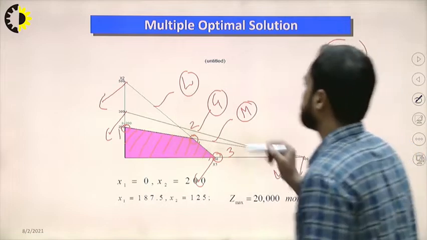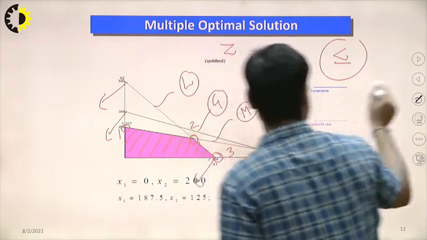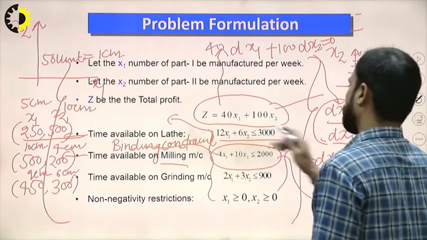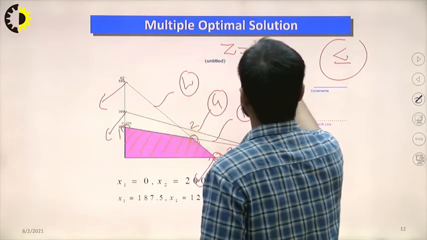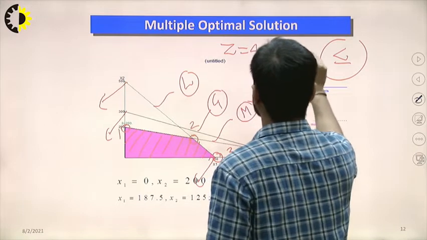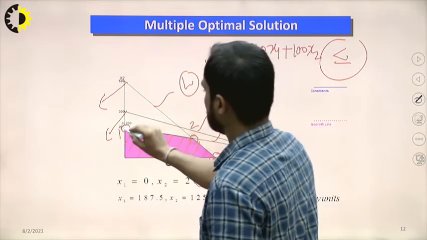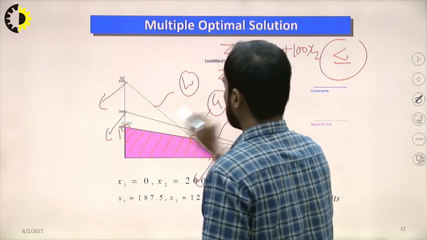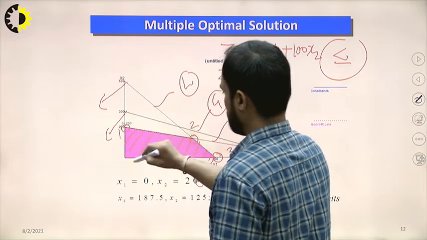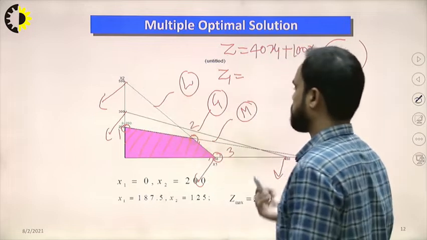So the objective function is very simple here. The objective function is 40x1 plus 100x2. Now we have to put in this corner point. Suppose this is one corner point, so z1 is equal to, what is the value at this corner point? x1 is equal to 0 and x2 is equal to 200.